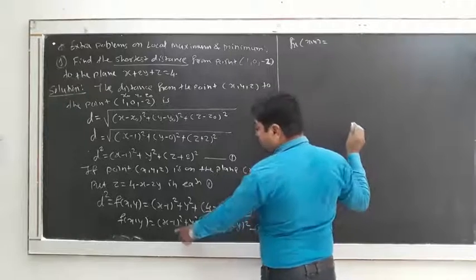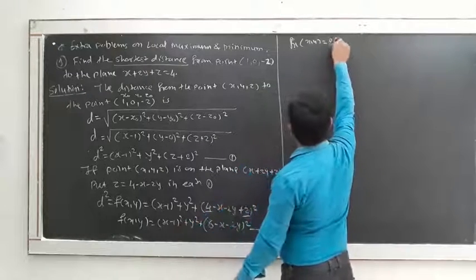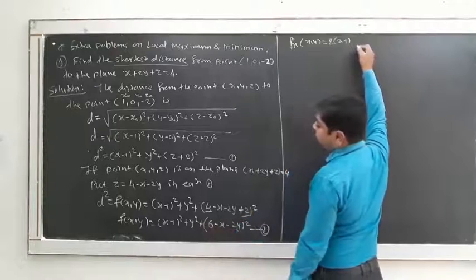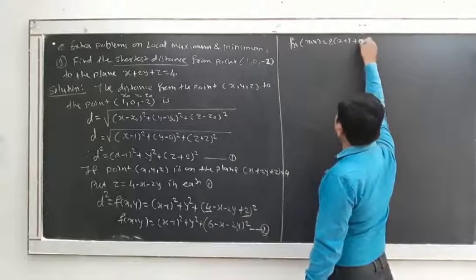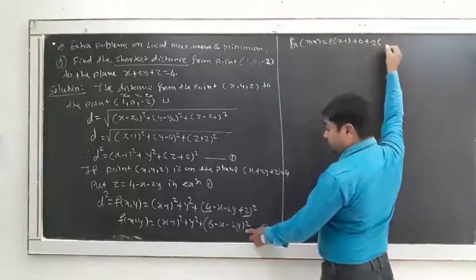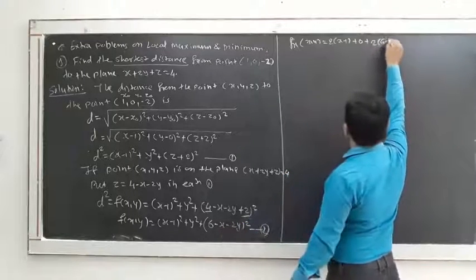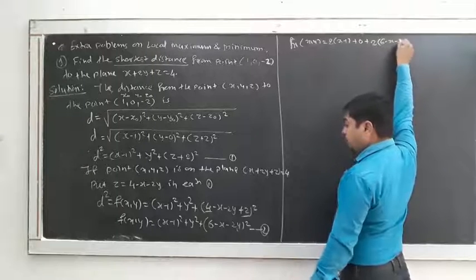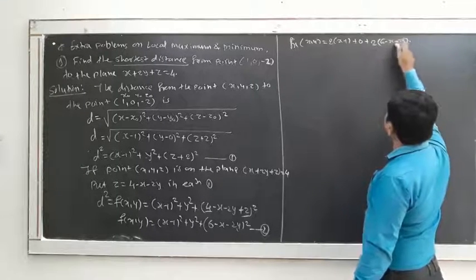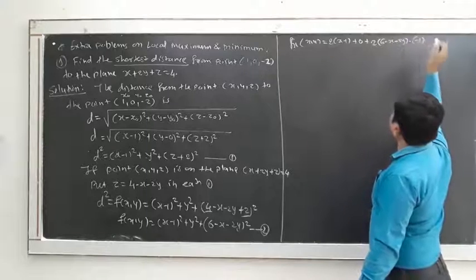So it should be 2 into (x - 1) into the derivative of (x - 1), which is 1, plus again it is a square, so you have to use the chain rule: 2 into (6 - x - 2y) into the derivative of (6 - x - 2y) with respect to x, which is -1.